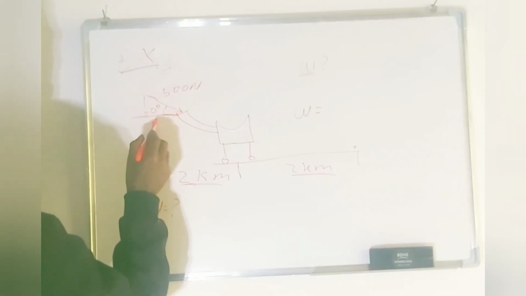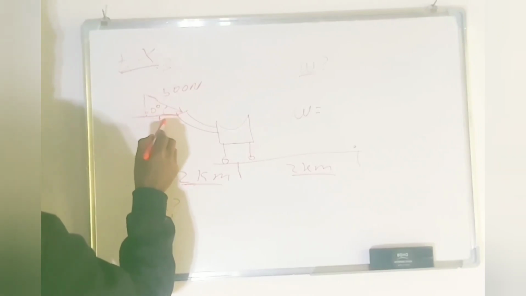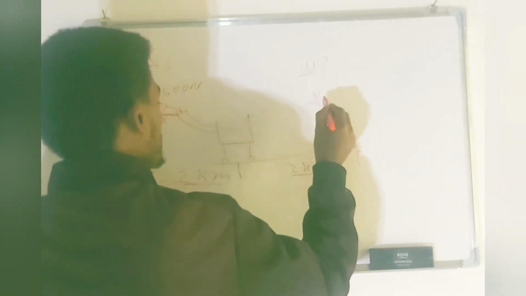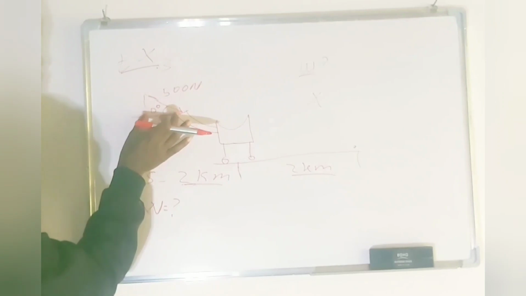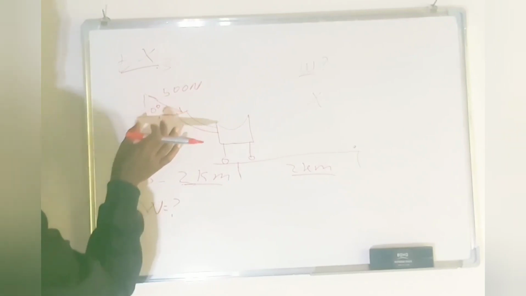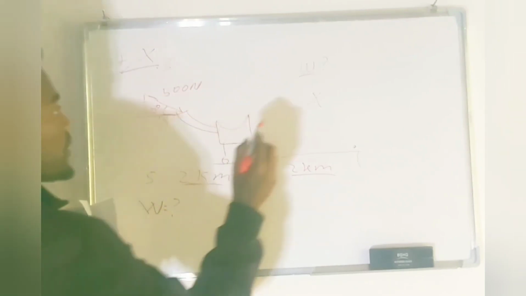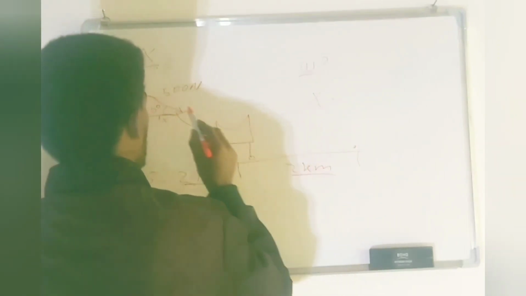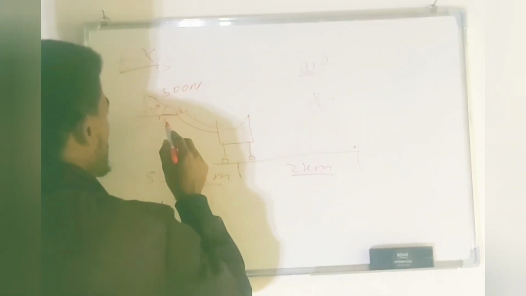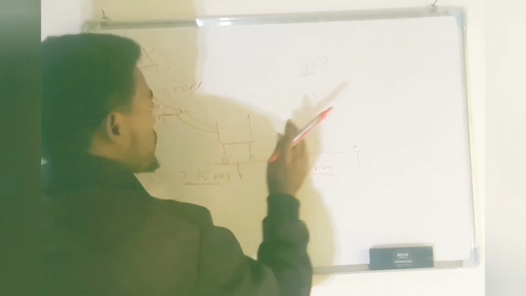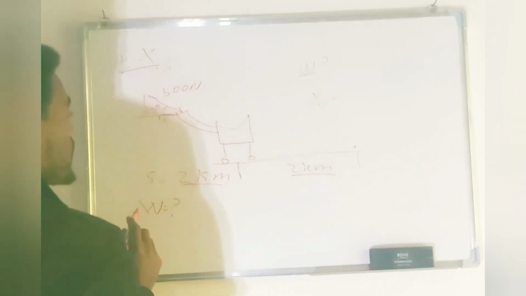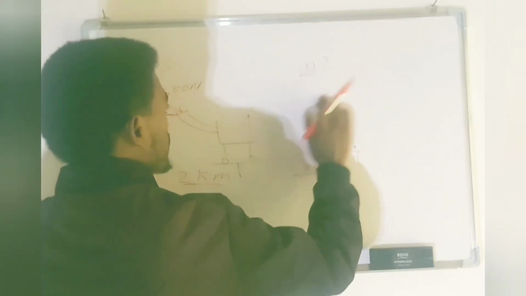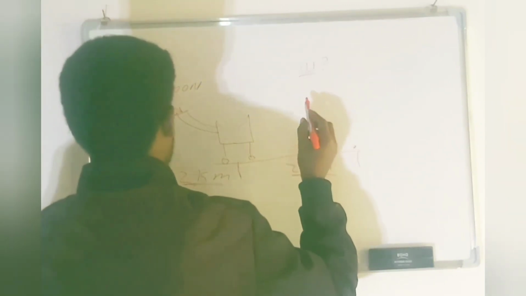So let us call this one x. We consider this one x, the horizontal component. From the relation, let us start.